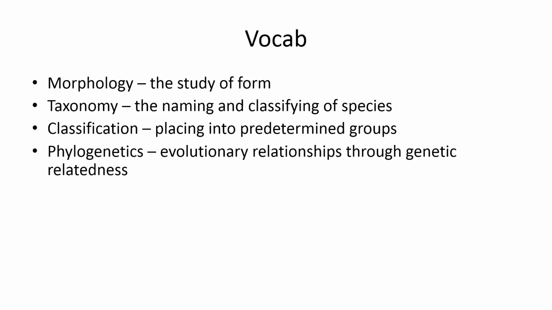We have what we call phylogenetics, and phylogenetics is the new big thing. And basically what you're looking at is evolutionary relationships through genetic relatedness. Which came first? And how related is something? If you look at it, all humans on planet Earth came from a single female that lived between 100 and 150,000 years ago.